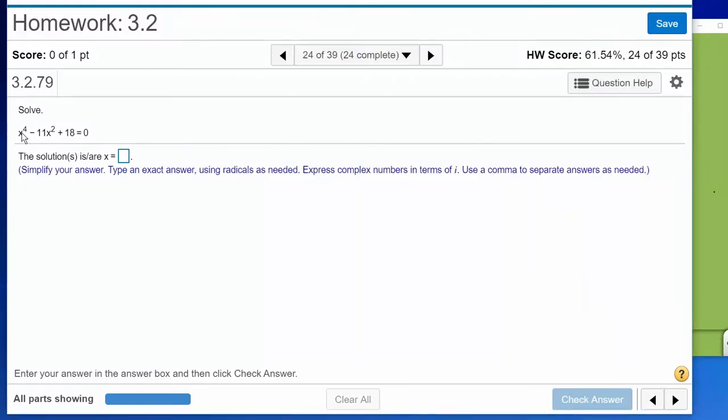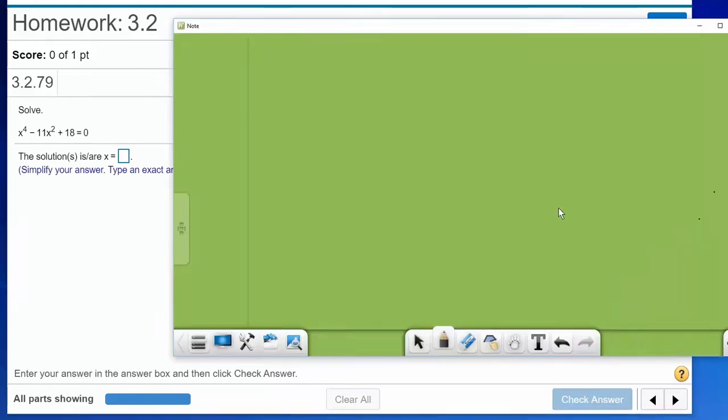3.2.79, solve x fourth minus 11x squared plus 18 equals 0. All right, so this is not a quadratic equation technically because it's degree 4, so it's a fourth degree polynomial.